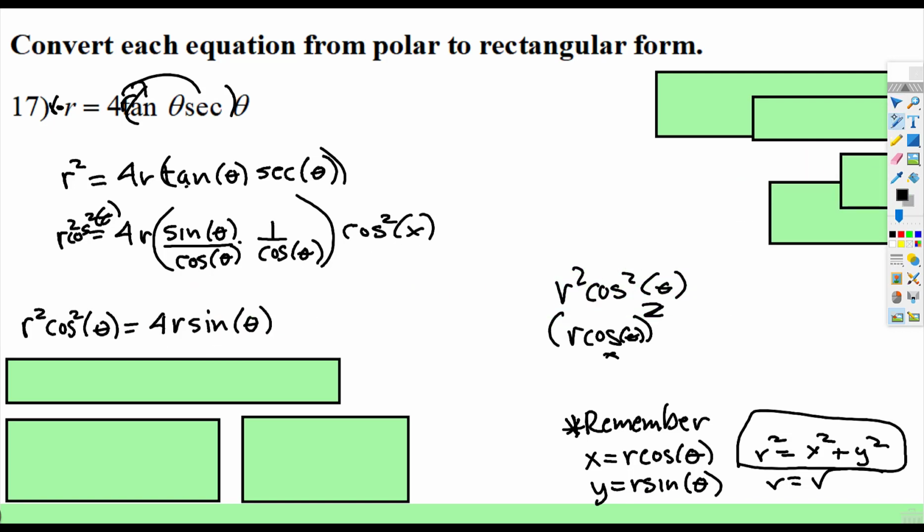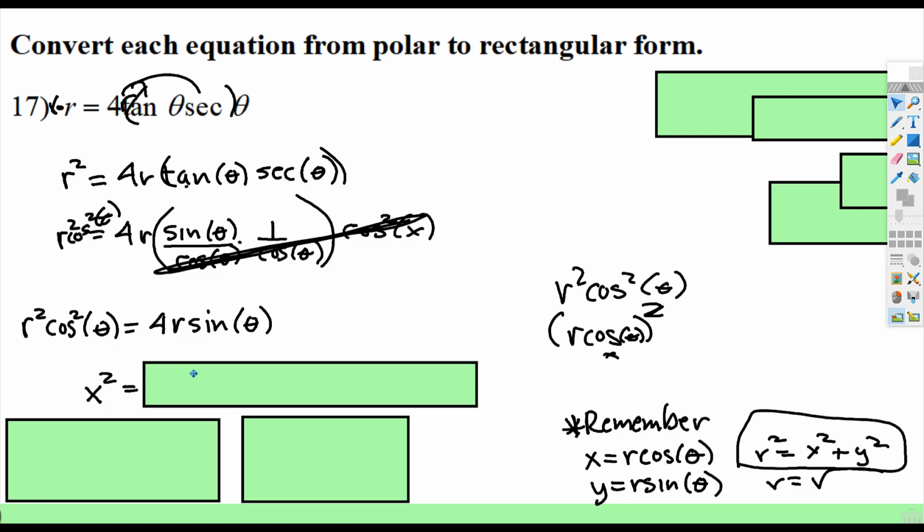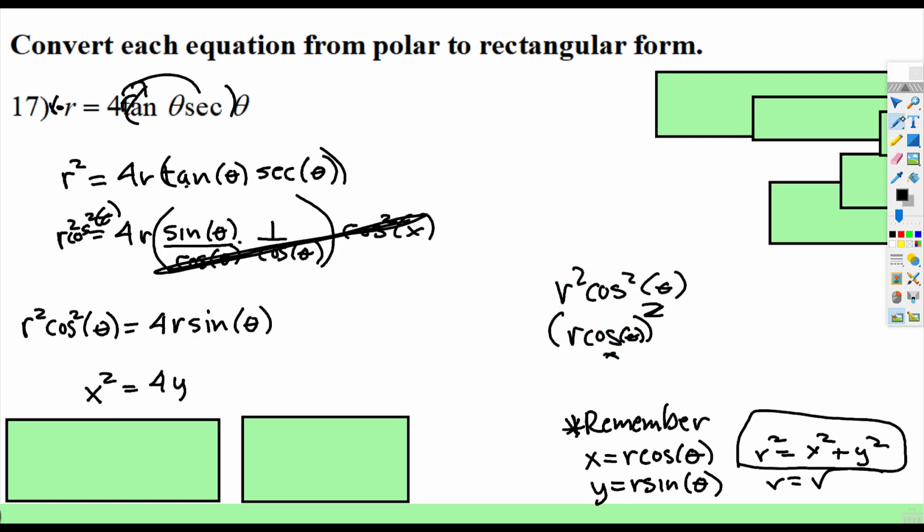Since the cosines canceled, we're left with r sine, and now we can start converting. r squared cosine squared is x squared, and r sine is y.